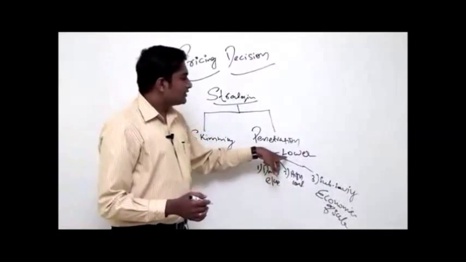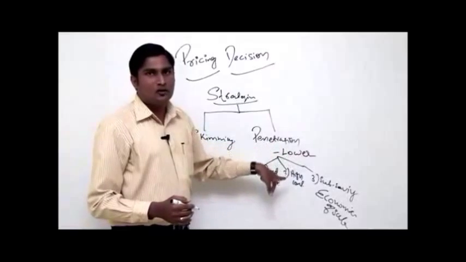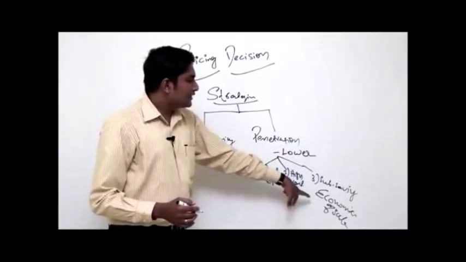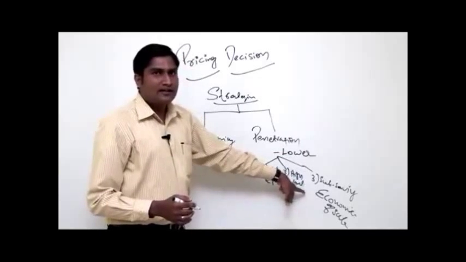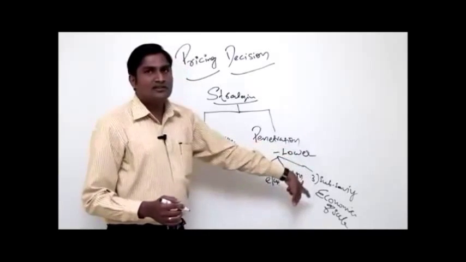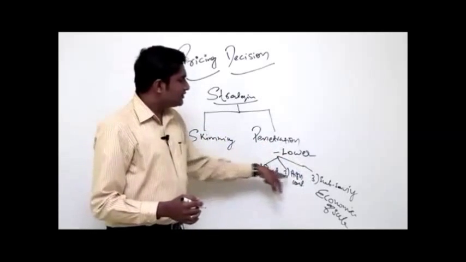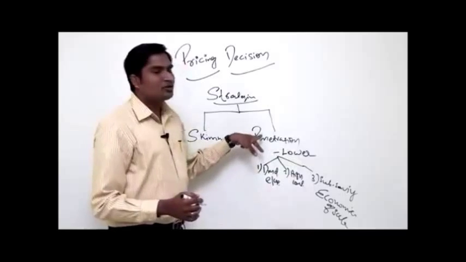Even though the per unit profit margin is lower, it can utilize the advantages of economies of scale, and if that product is capable of utilizing that, it can adopt the penetration policy. So if these three scenarios are present in the market, it can adopt penetration.